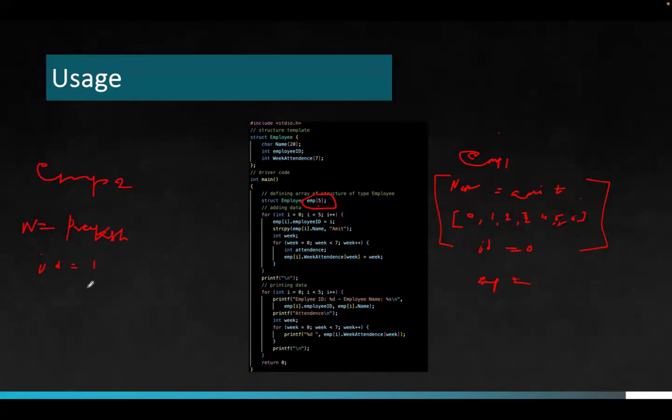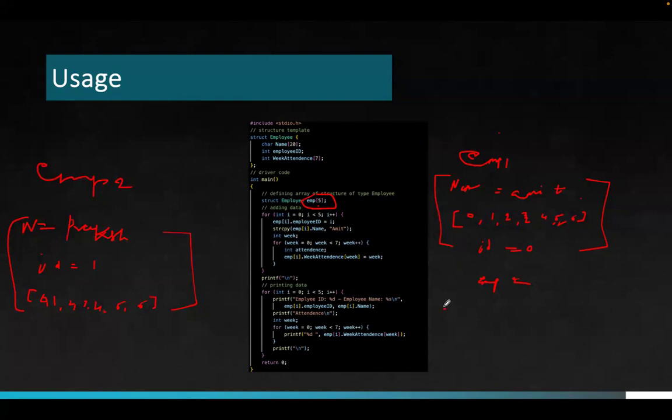So ID becomes 1. Now attendance for that particular week is again 0, 1, 2, 3, 4, 5, and 6. This is how employee 2 gets created, till my employee 5.